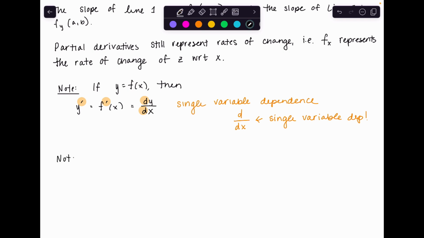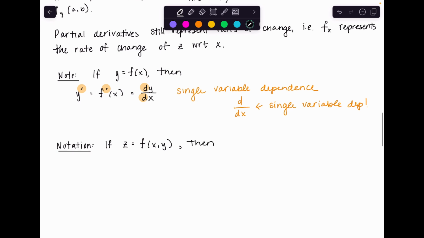Our notation for partials has to indicate that there is multivariable dependence. So here, if z is a function of x and y, then we have a couple different things. To indicate that I want to take the partial of f with respect to x, you can drop that input. You can just say f sub x.